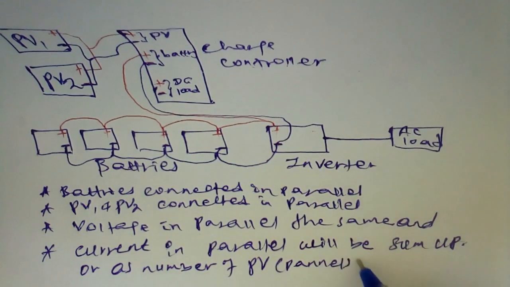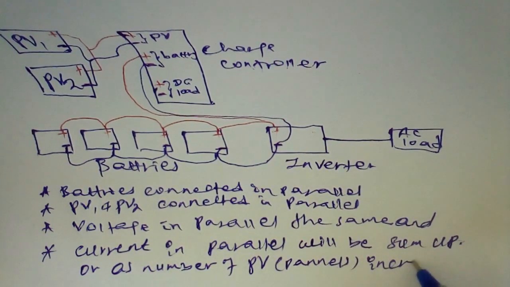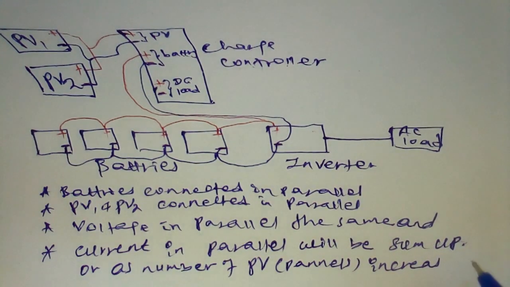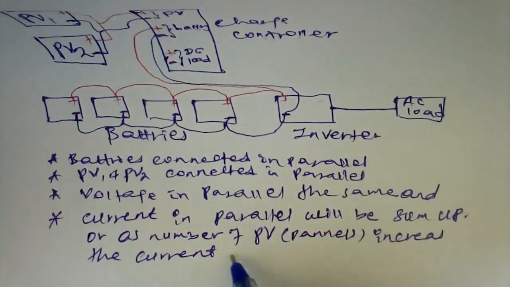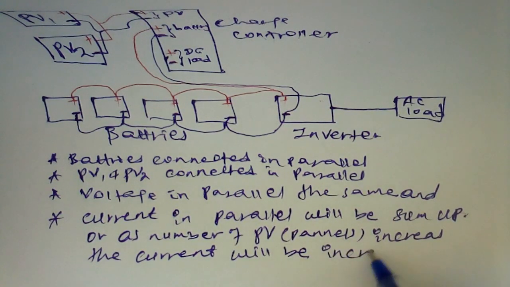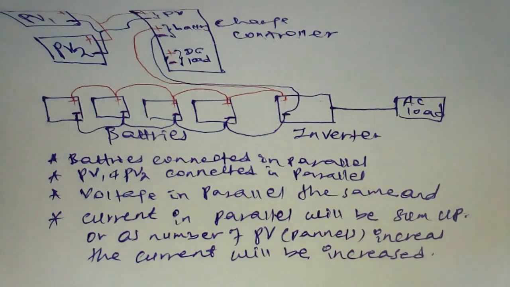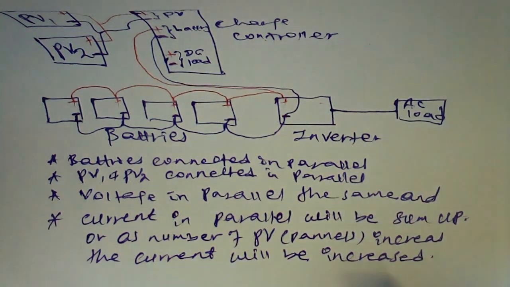We'll see after a while the current and voltage calculation in parallel as well as in series. So the current in parallel will be summed up, or as the number of panels increases, the current will be increased. This is all about the parallel connection of PV system.